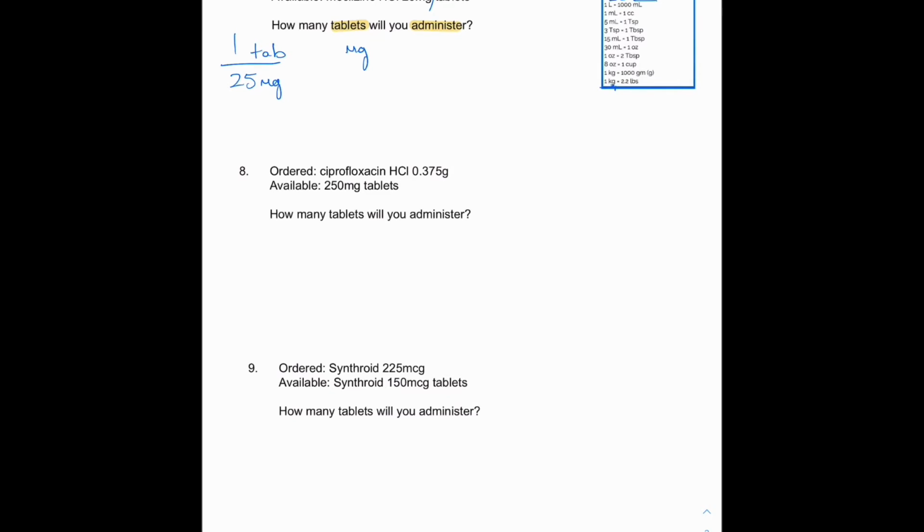When we look at our order, already in milligrams, 50. Those cancel. We've got just tabs on top, so we're good. Now we can multiply across 50 over 25. Whenever we divide 50 by 25, that gets us 2. 2 what's? 2 tabs.